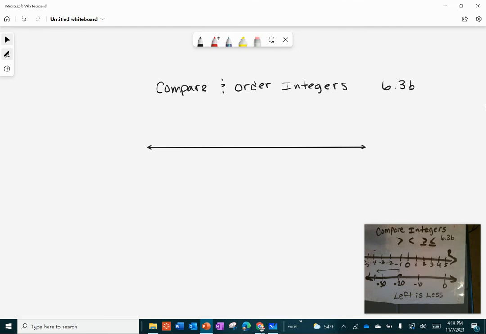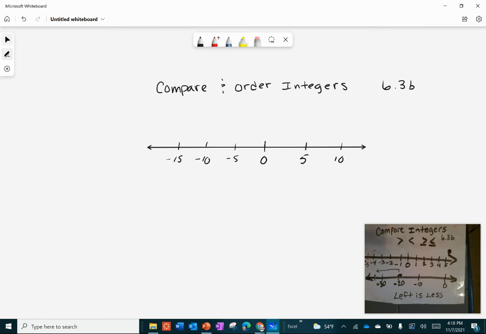And I think it's easier to see this on a number line. So if I had 0, depending on the scale, you don't have to do like 1, 2, 3. You can make the scale whatever you want. If you want it 5, 10, negative 5, negative 10, negative 15.